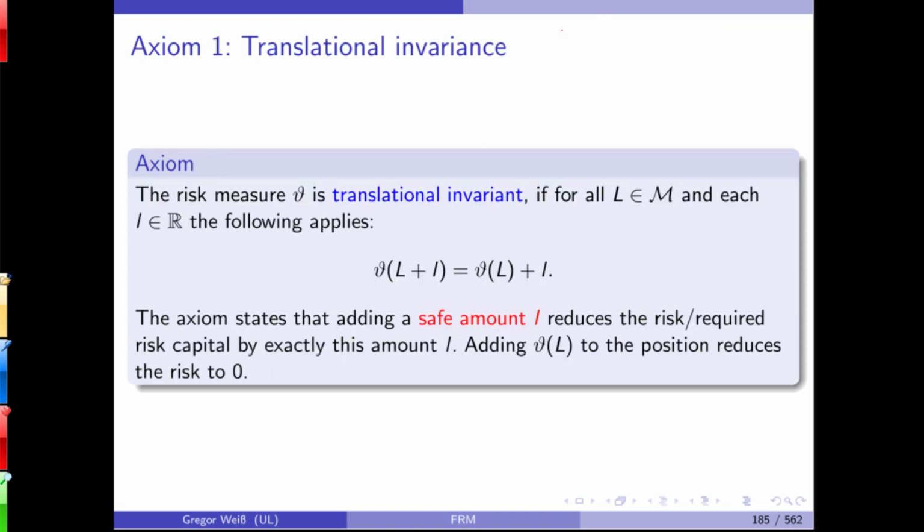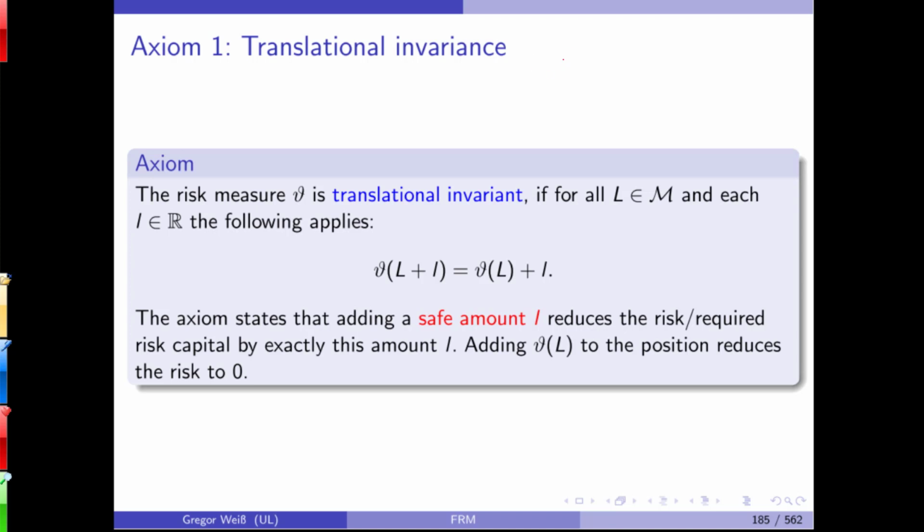So next, the first axiom, translational invariance. The risk measure nu is translational invariant if for all risks L and each number small l, the following applies. Nu of L plus l equals the risk measure of L plus this number l. What does it mean?